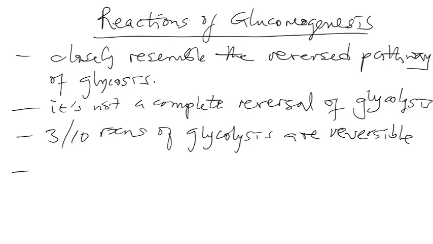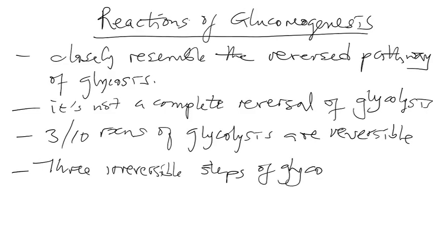But it's important to take note that the 3 irreversible reactions are catalyzed by the following enzymes. So every time you've got an irreversible reaction in a biosynthetic pathway or in a pathway, just know that that's a point of regulation also.